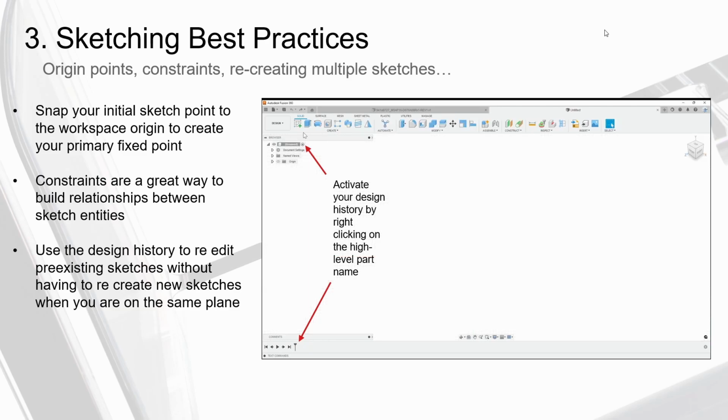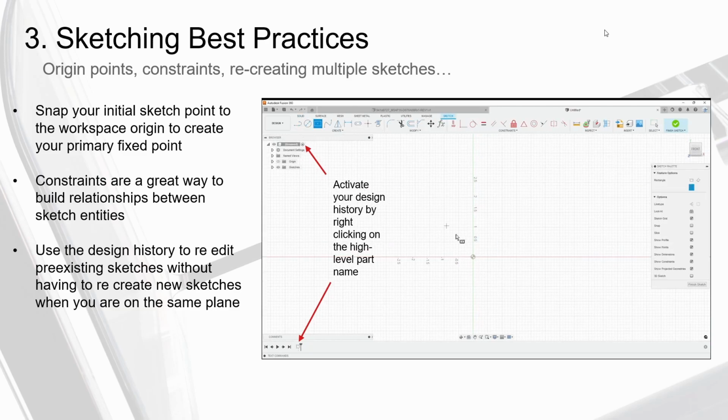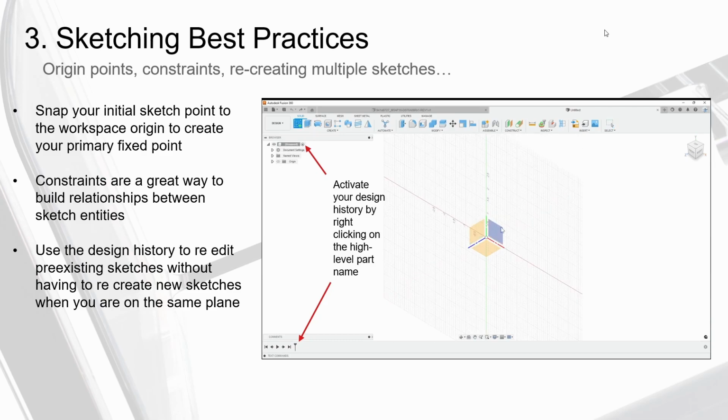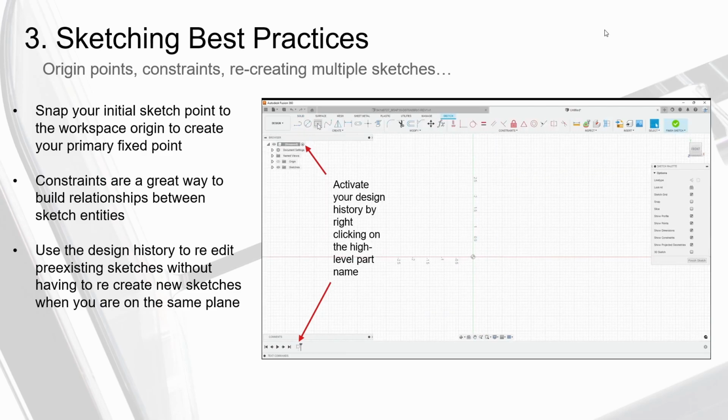And then finally, I would like to talk a little bit about the design history. Fusion 360 has the ability to capture your design history, meaning capture every step of your design process. Typically, when you open up a file that's not drawn in Fusion 360, if you upload that and open it in Fusion 360, and you were to make changes to that file, you might notice it doesn't actually show you the design history.